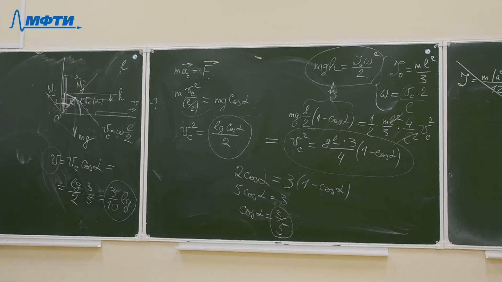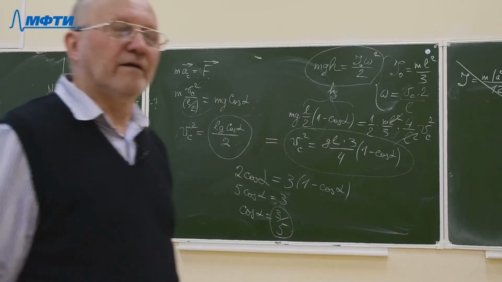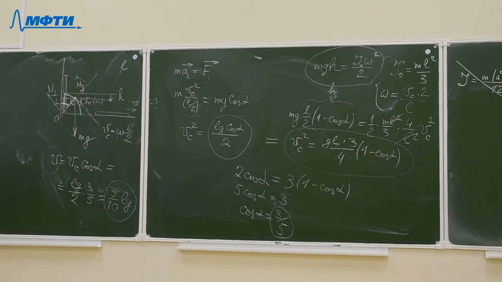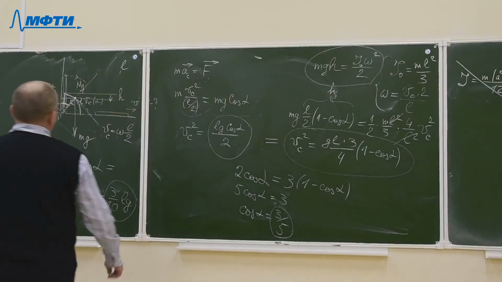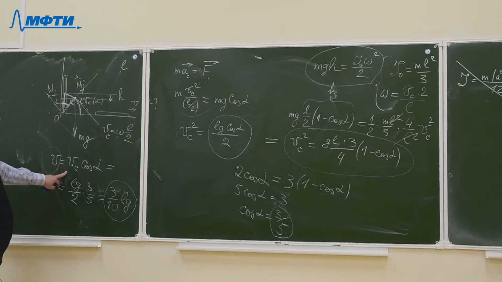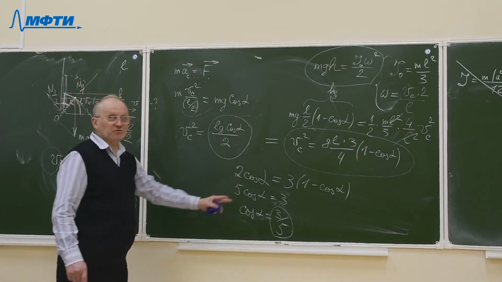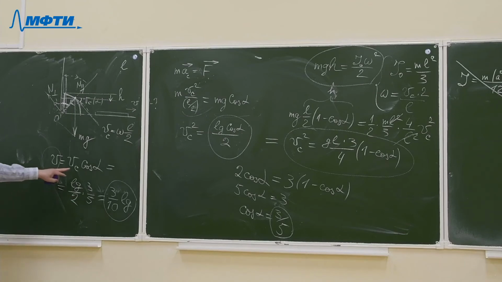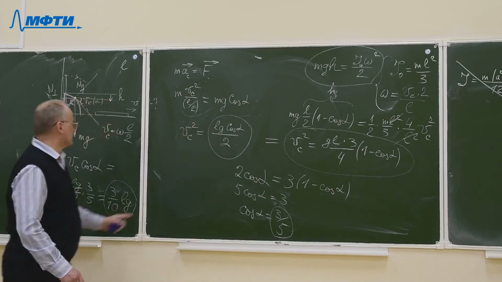Oh, sorry. Yes, just a moment. VC. Yes, we have to take a square root. So VC will be, this is not VC squared, this is VC, and I have taken this expression, which is VC squared.